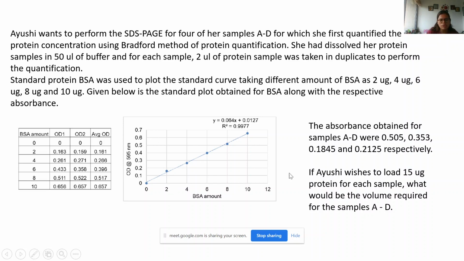You can see here the plot of BSA amount versus OD at 595 nanometer: 0, 2, 4, 6, 8 and 10. These are the different amounts of BSA used, and a plot has been made. The OD of each particular sample is calculated, and based upon this standard curve, you have to find out the concentration of the protein of your interest.